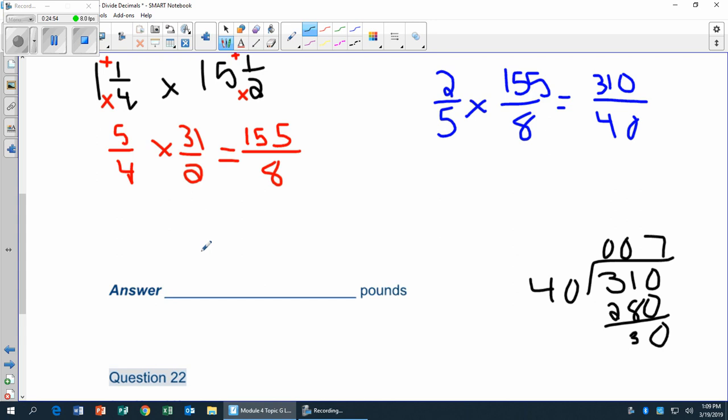So we end up down here with 7 and 30/40ths. And if we simplify it, it would be 7 and 3/4 pounds.